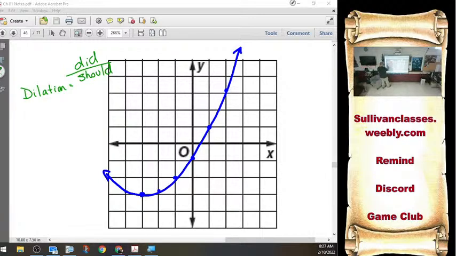So we know that there's a vertical translation down 3, there's a horizontal translation left 3, and then from my vertex, I go over 2. Normally, I would be going 4 up. I went up 1. So that's my dilation.